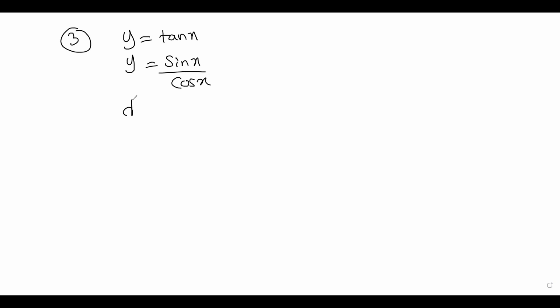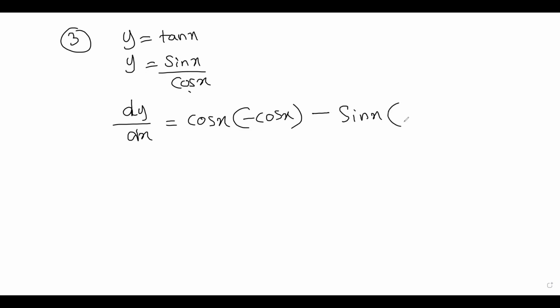Now tell me, dy by dx equal to, first of all down one cos x and the derivative of sin x. Derivative of sin x, it is cos x, minus, and upper one sin x, derivative of down one, it is minus sin x, yes.